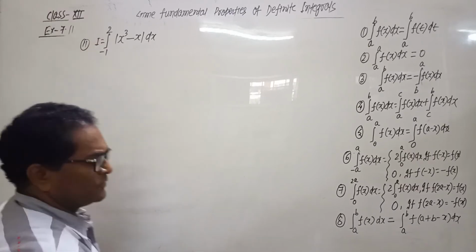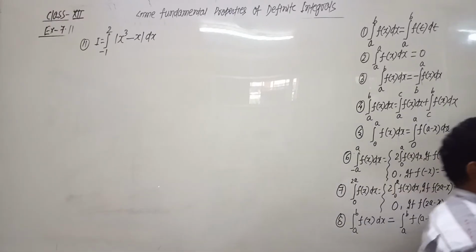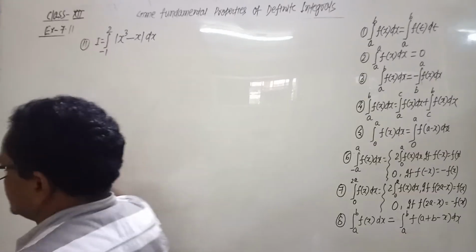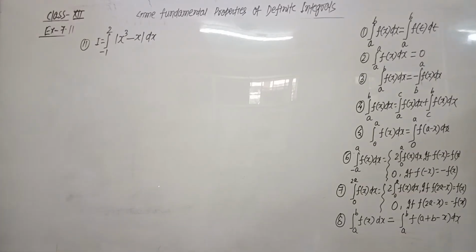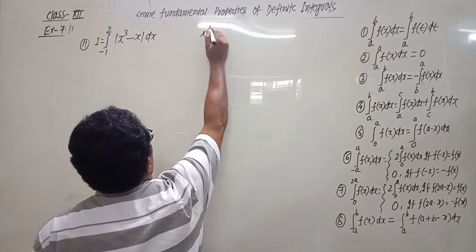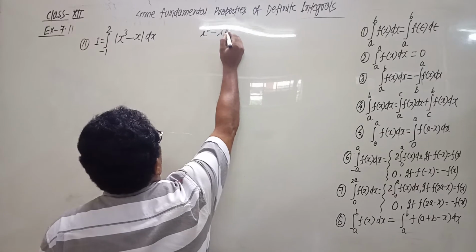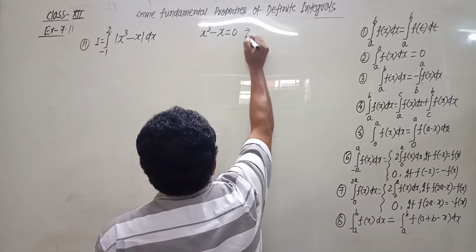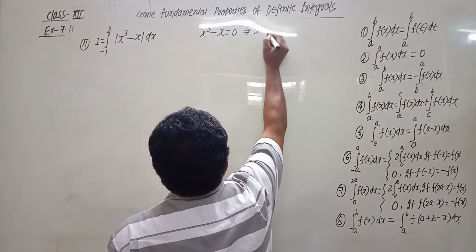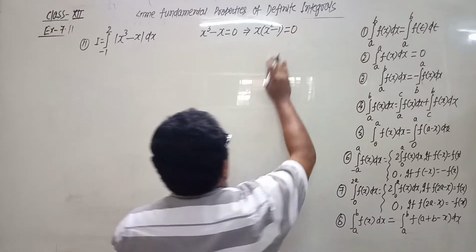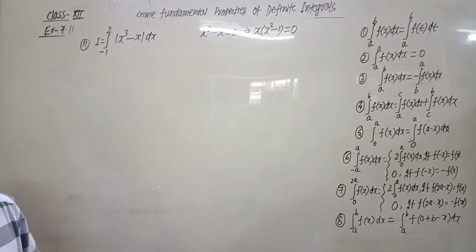So if the expression is given in mod, firstly we make it equal to 0, excluding the mod. Excluding the mod, we put the function equal to 0. x cube minus x equals 0 and we find the value of x. From these two terms, x is common, so we get x(x square minus 1) equals 0, and determine the value of x.